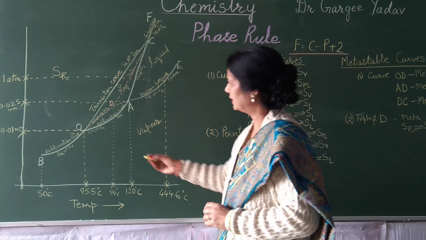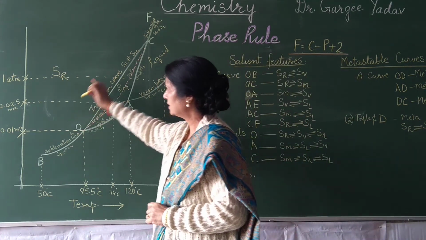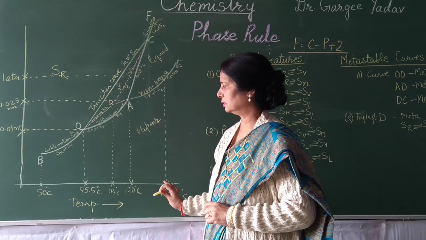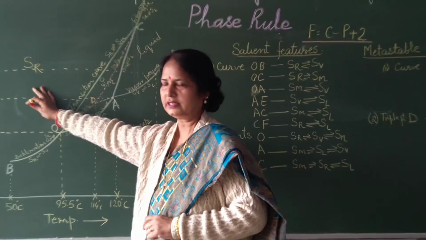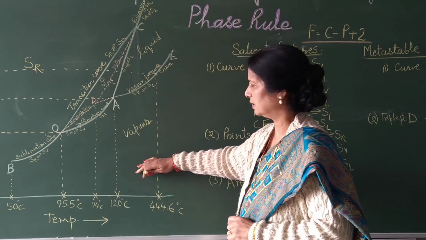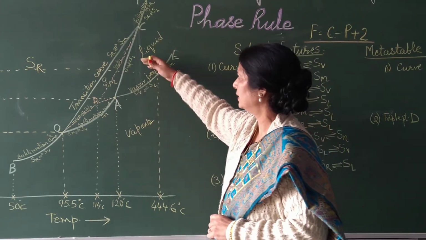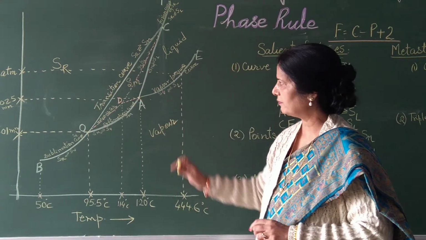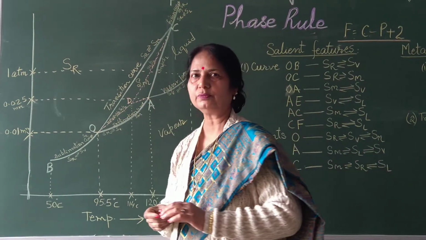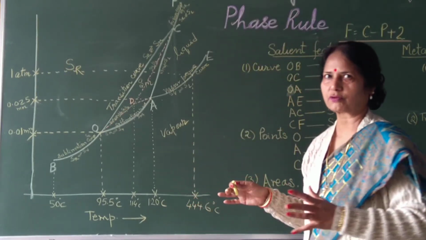So as we can see, this is the phase diagram for sulfur. This is the solid phase, here is the vapor state, here is the liquid state, and this is for the monoclinic sulfur. Now I will tell you about the salient features first of all.